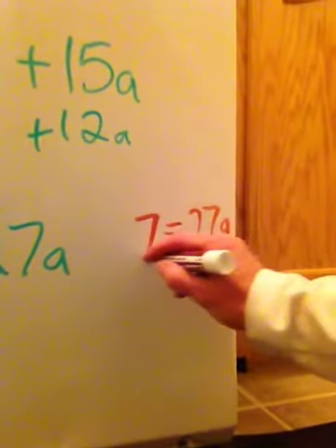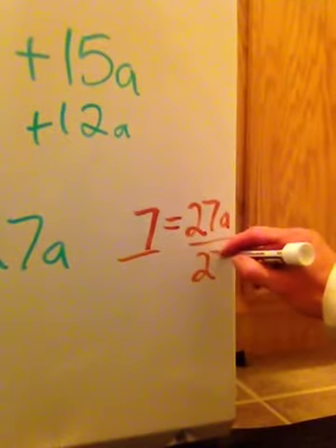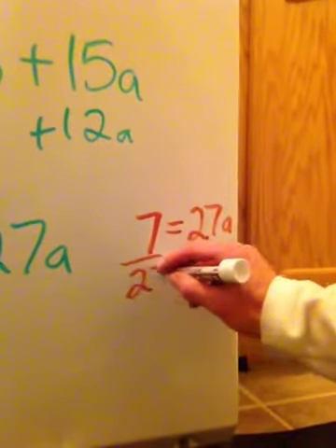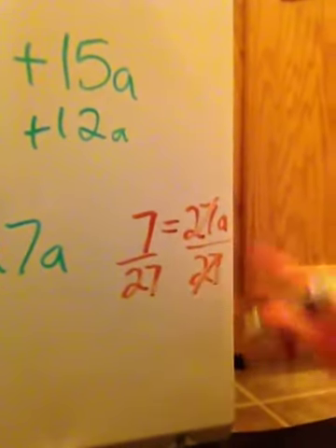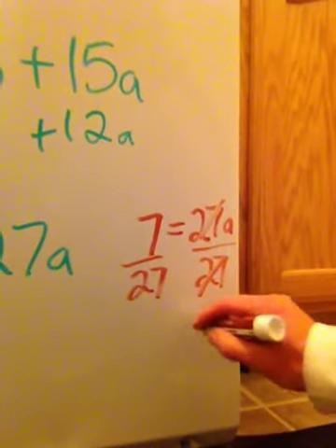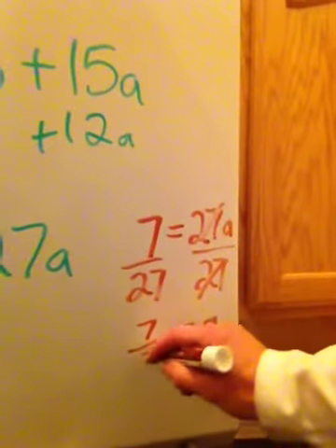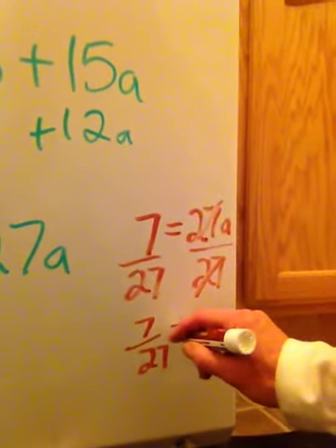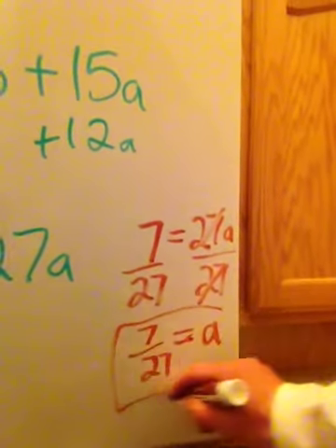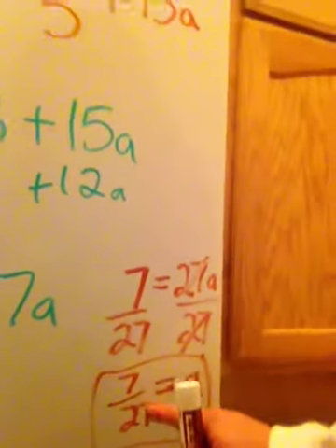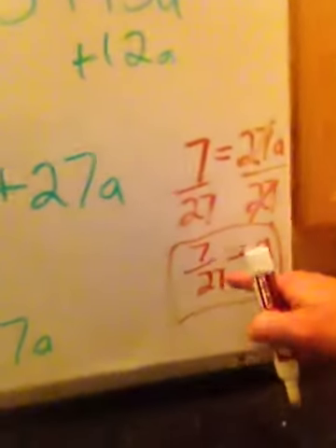Then I'll divide both sides by 27 to get my a all by itself. So a is left, and 7 divided by 27 is what a equals. Again, reduce this if it does reduce. If it doesn't, then you can leave it.